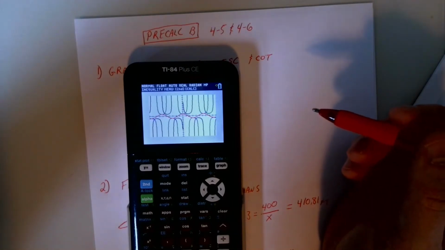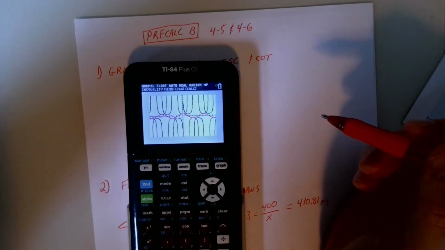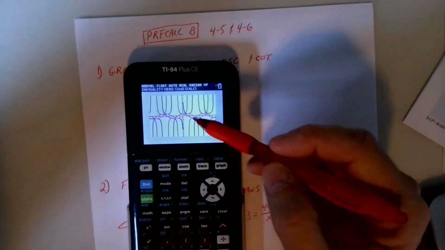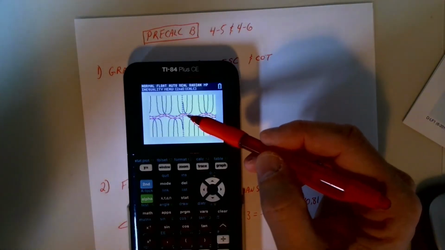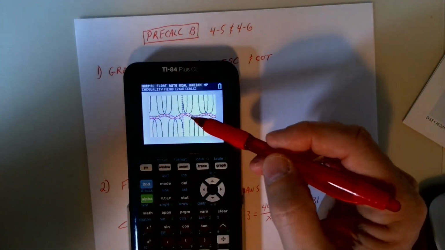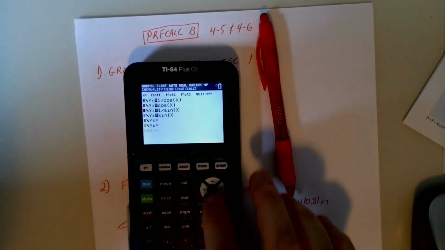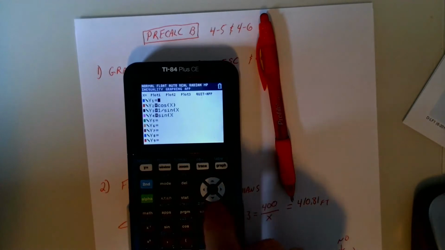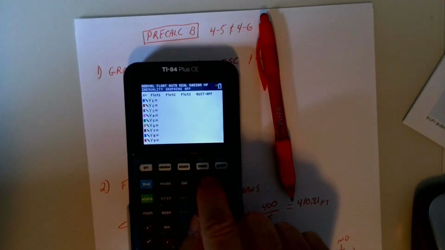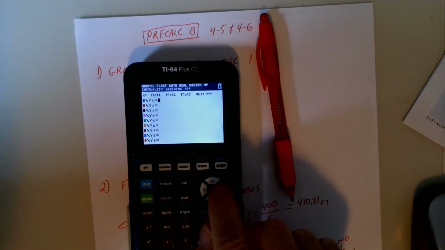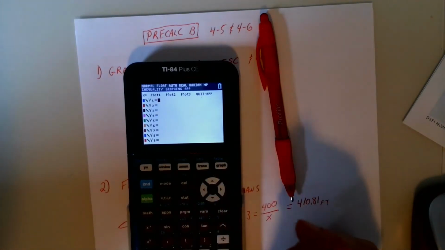Okay, so these are what these graphs look like, and you can see the same way that on these ones, the purple one flipped upside down gives you the black. Okay, so let's get rid of those. Clear, clear, clear, and clear. We'll talk later about domain and range and stuff like that, but that's kind of what those graphs look like.